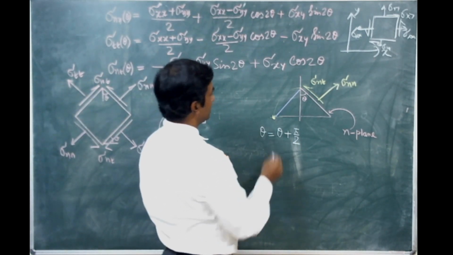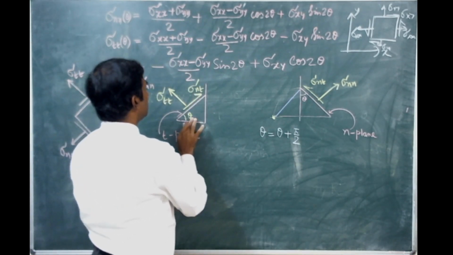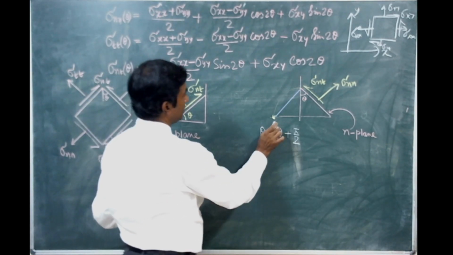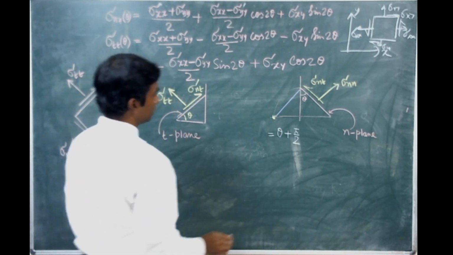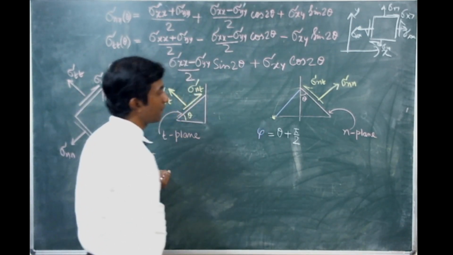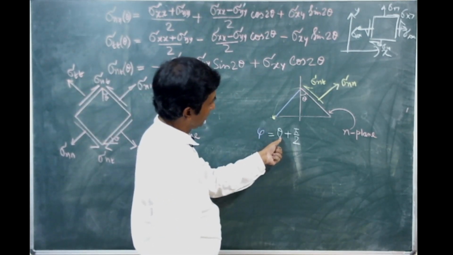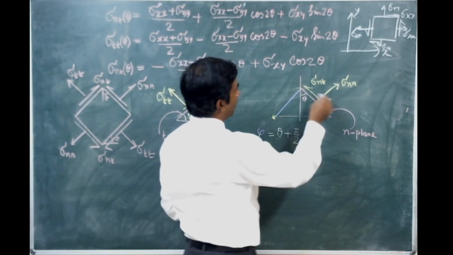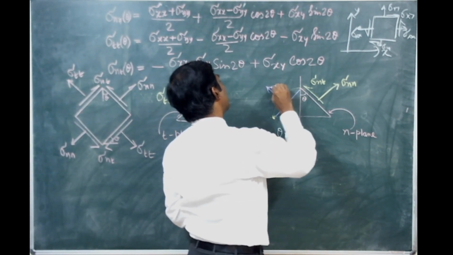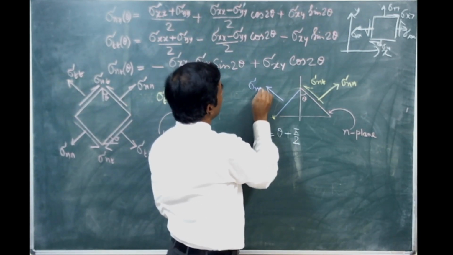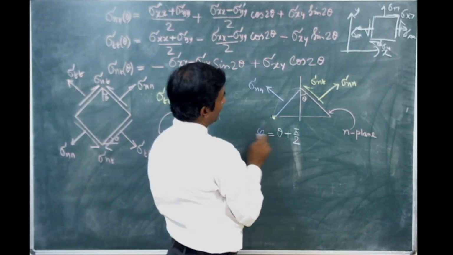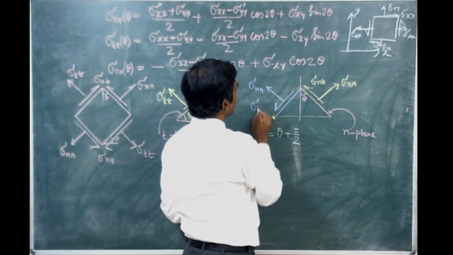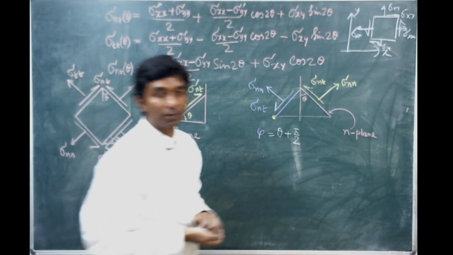Okay. So initially say it is theta 0, you see, let us change this angle phi. So this is set as theta plus pi by 2. So this block gets rotated. So on that face we see that it would be sigma nn with the angle phi, and this becomes sigma nt.